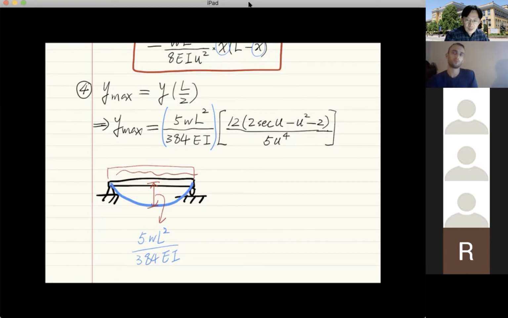No. Why? Because you have the power of four as a denominator, which will probably increase faster than the top. Okay.